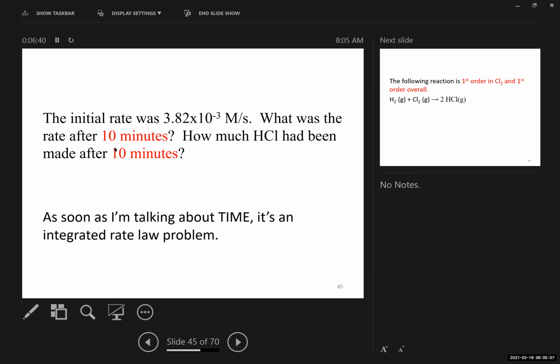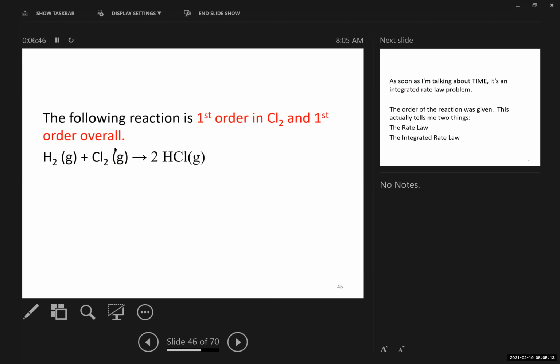On the other hand, the integrated rate law does expressly tell me about time. And so this is an integrated rate law problem. And I know what the integrated rate law is because I know what the rate law is. All right. And so it's first order in chlorine and first order overall.